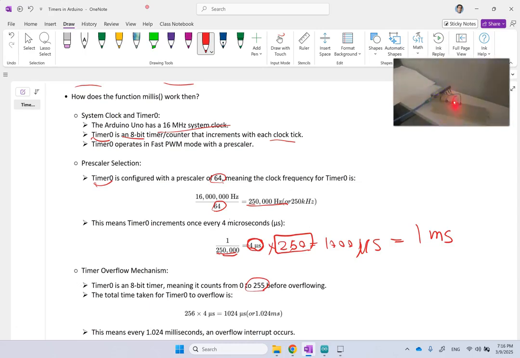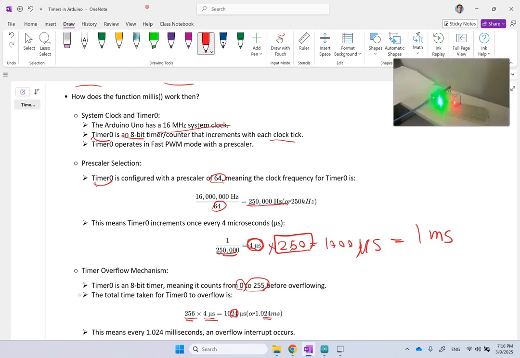It only overflows at 255. Okay, so let's go with 255. Since you also count from 0 to 255, you have to really multiply by 256. If you multiply that by 4 microseconds, you see you have an extra 24 microseconds compared to 1 millisecond that you have to kind of get rid of.